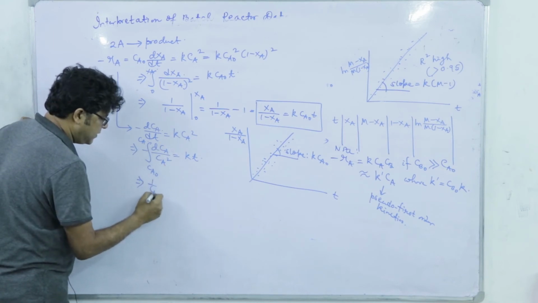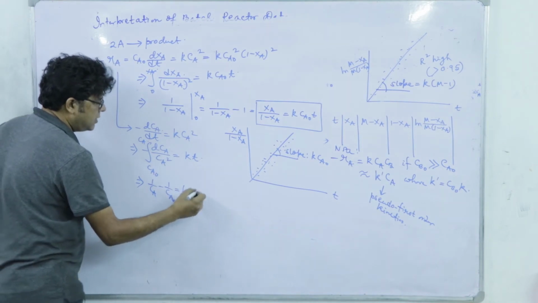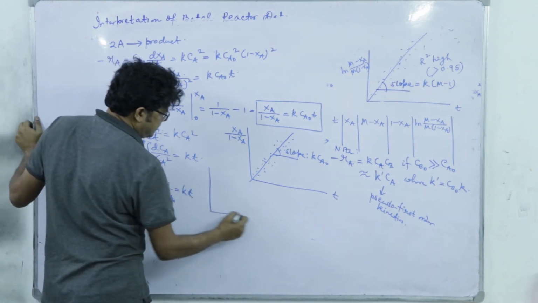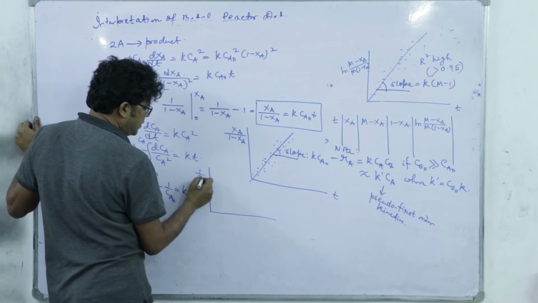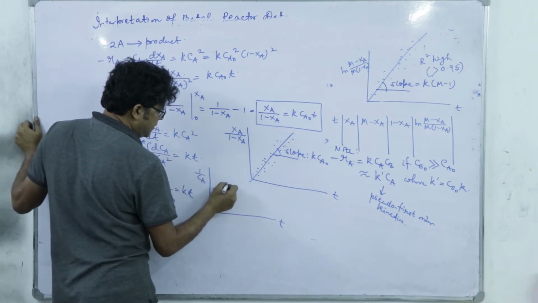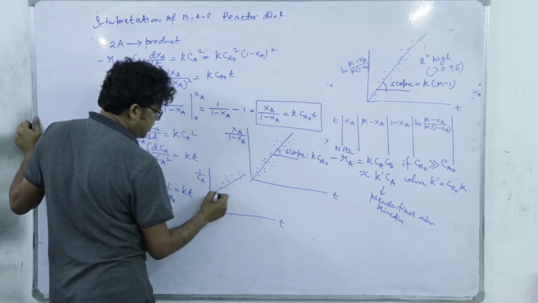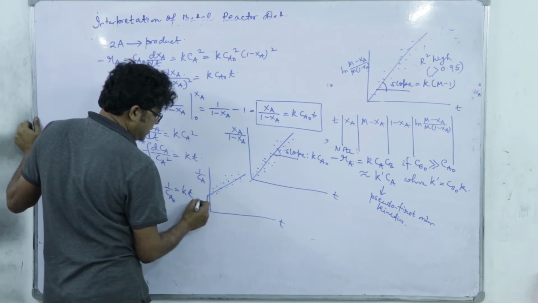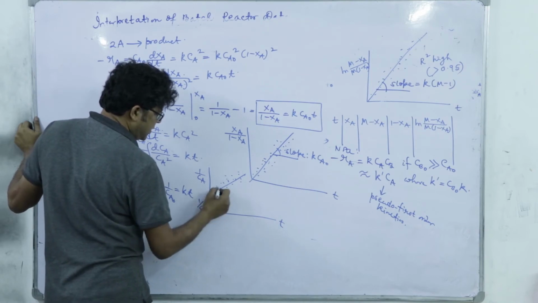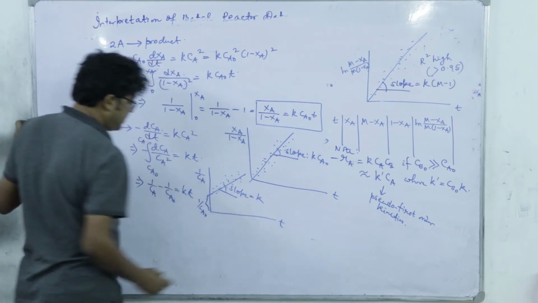So, 1 by Ca minus 1 by Ca naught equals k into t. So, instead of going for Xa, if we plot 1 by Ca versus t, we will get a straight line with non-zero intercept. Right. So, this is 1 by Ca naught, and this slope is equal to k.